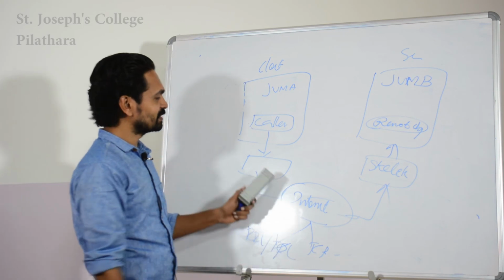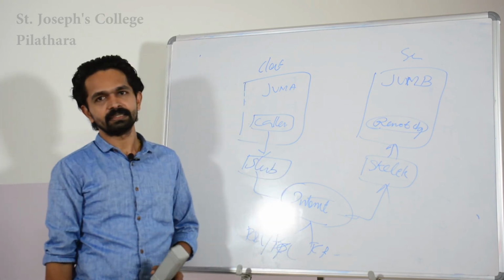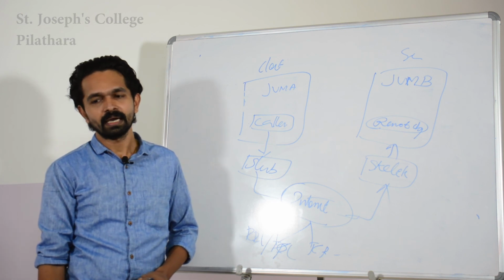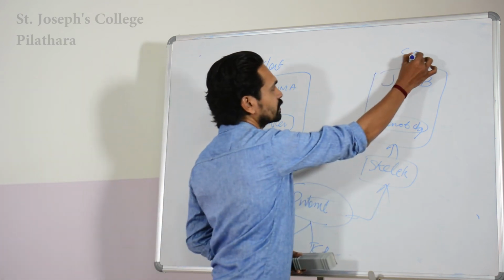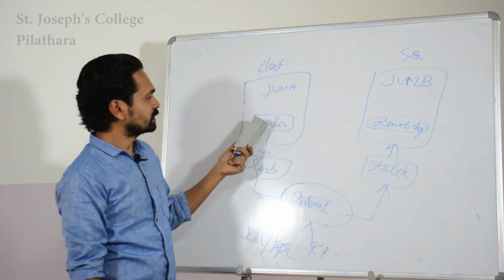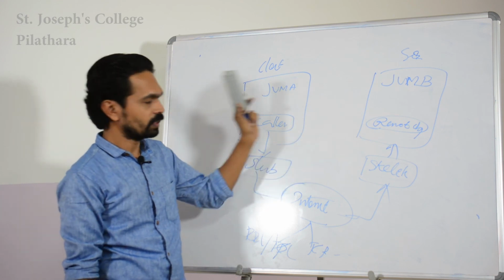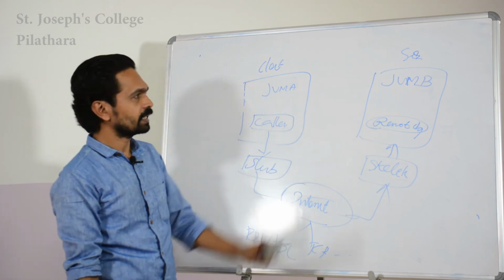This is the exact stub and skeleton architecture. This is the server side. Okay, JVM A, Java Virtual Machine, the caller, is asking that I need a remote object from client machine B.